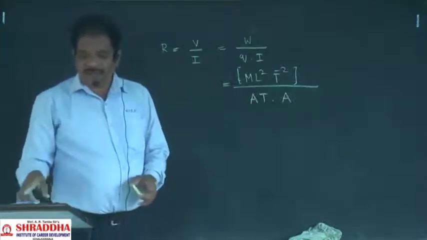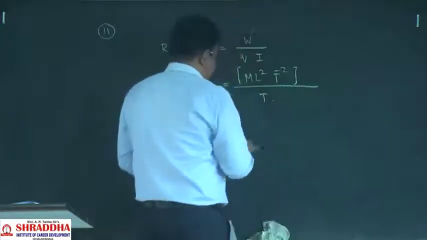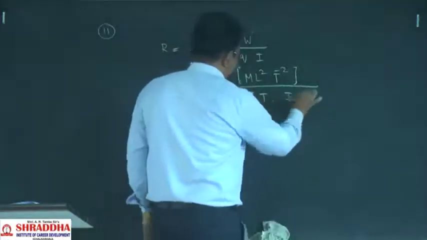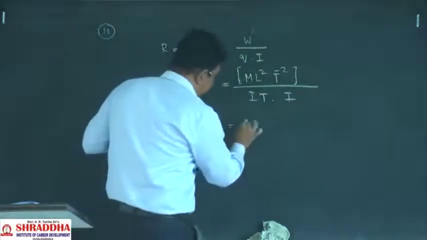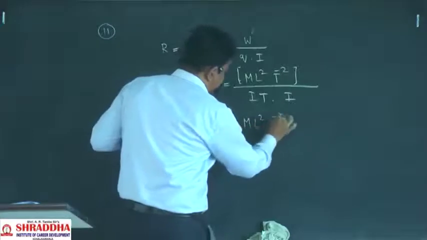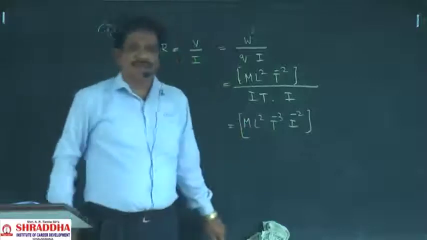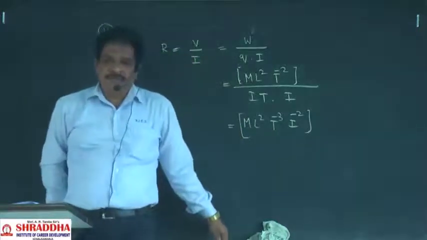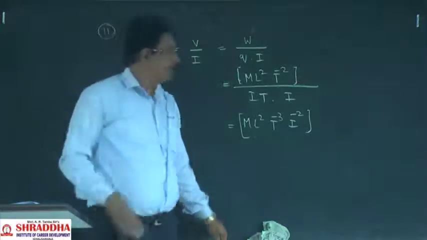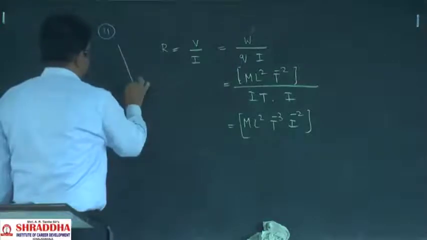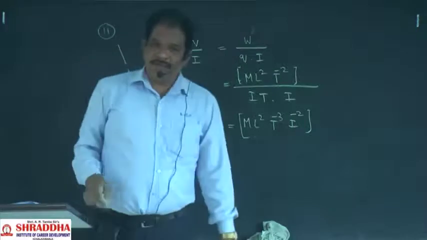And the answer they give, we will also use I here. So what we will get? M L square T power minus 3 I power minus 2. 11th, it will be D. Clear?